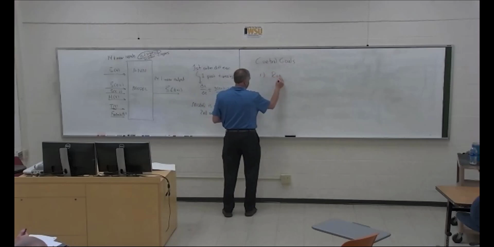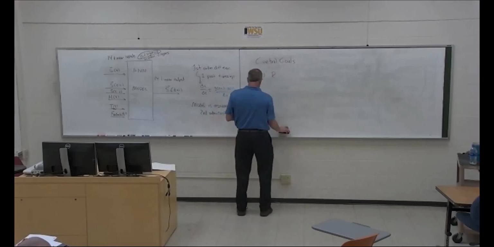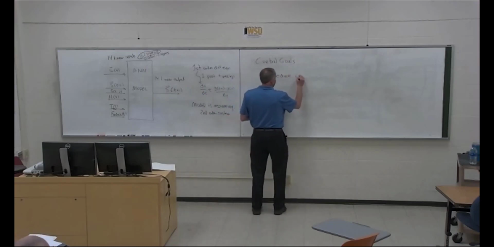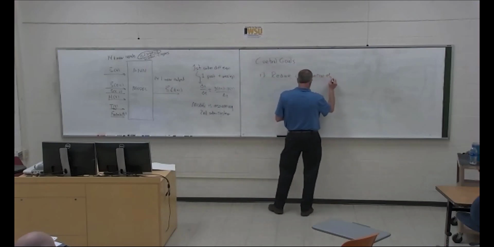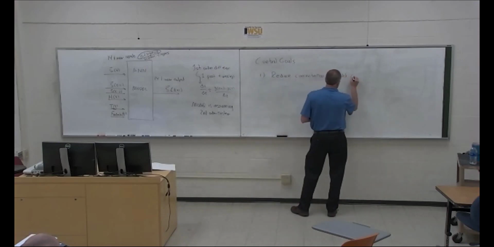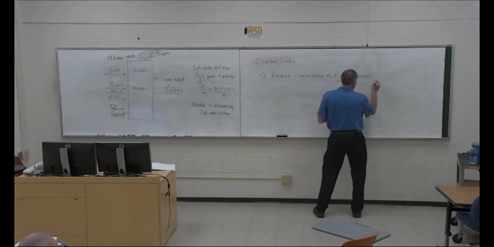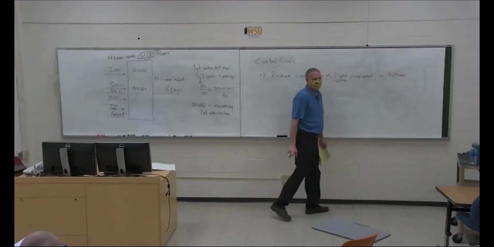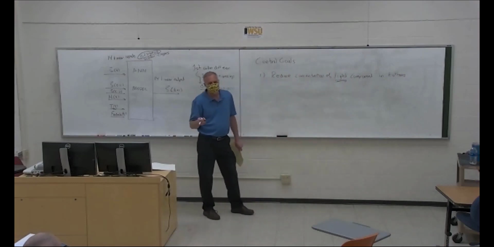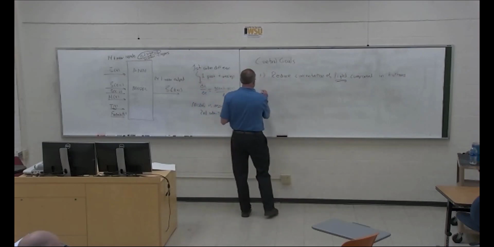First thing is to reduce concentration of the light component. So this is the one with the low boiling point. Light component in the bottoms. So rather than trying to drive the heavy component bigger in the bottoms, you're just saying, let's get rid of as much light component as we can in the bottom. And the same thing at the top.